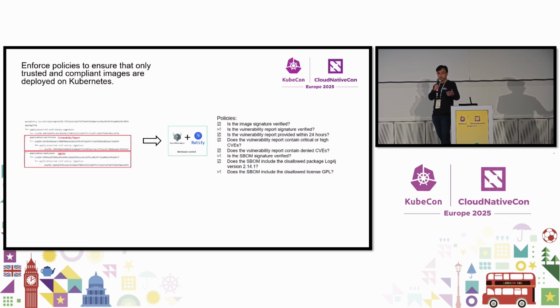After that, you can also validate whether the vulnerability report can be trusted. If it can be trusted, then you can validate the report to see whether it is fresh, for example within a day, and whether it has critical or high CVEs. You can configure rules for validation, so you can set up those policies based on your company's security and compliance policies.